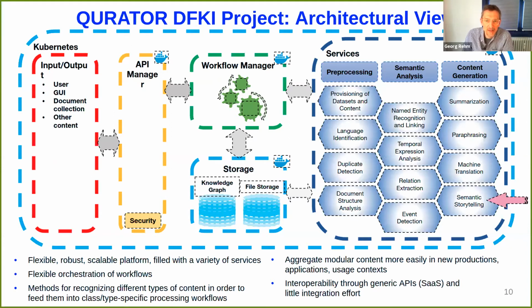Everything is based on managed Kubernetes, which runs on an infrastructure provided by a Berlin-based cloud provider, and we develop mainly these little boxes you can see on the right-hand side, these different services for pre-processing, for semantic analysis, or for content generation. And just like Stefan, who will attack the problems of semantic storytelling from a slightly more concrete angle, I will also talk about semantic storytelling. We are collaborating with 3PC on this topic.